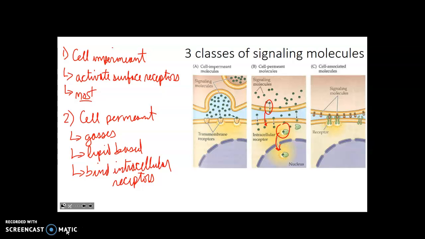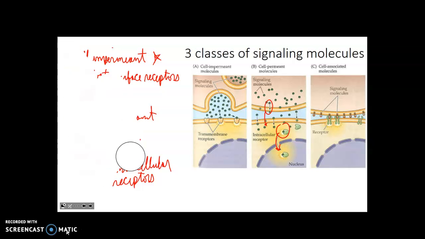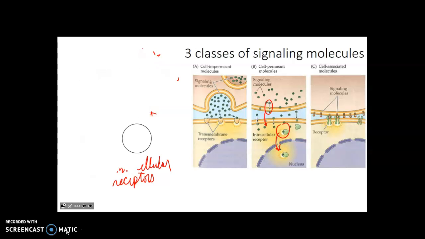The third type, probably the rarest type, right? We're going to spend a lot of time on cell impermeant molecules. That's so many of them. We'll spend some time on cell permeant molecules, and then I'll just mention, because it is part of the category, what are called cell-associated molecules.